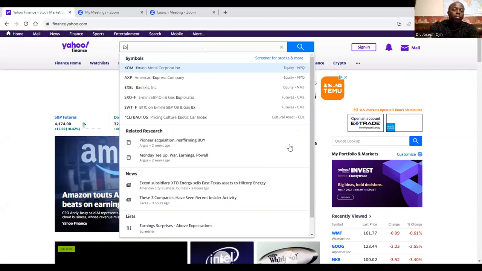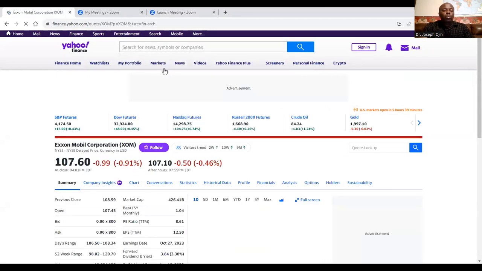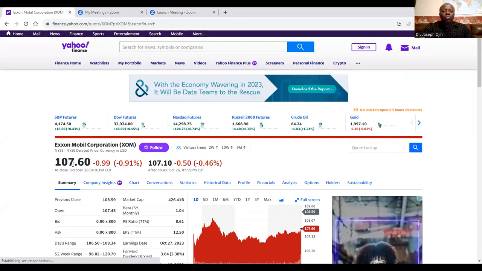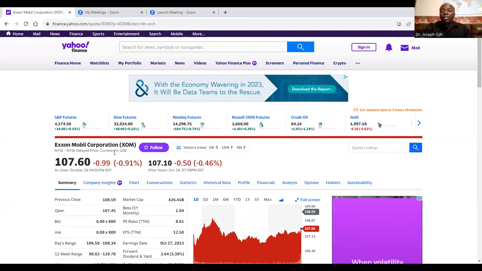ExxonMobil Corporation, you can see right here. So we can get the stock price from here. It's $107.60 per share, so that's very easy to get. We can use that as the proxy for the stock price.